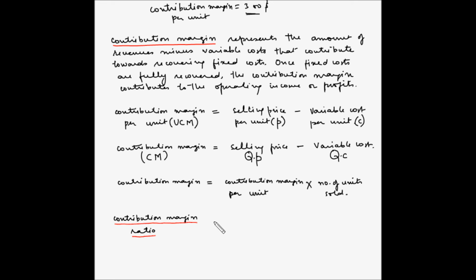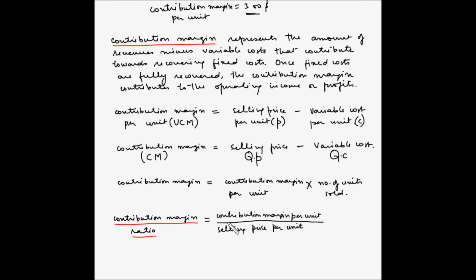So the contribution margin ratio is equal to contribution margin per unit divided by selling price per unit.